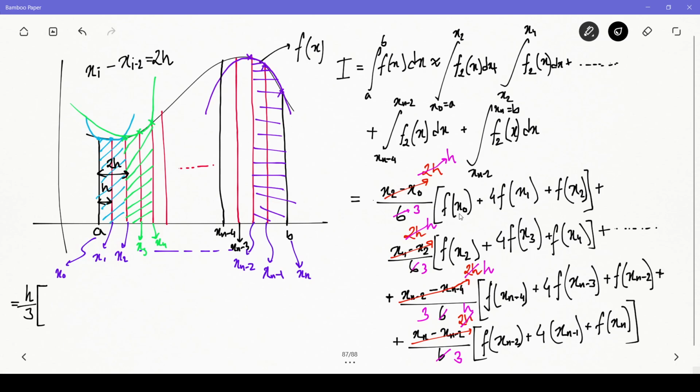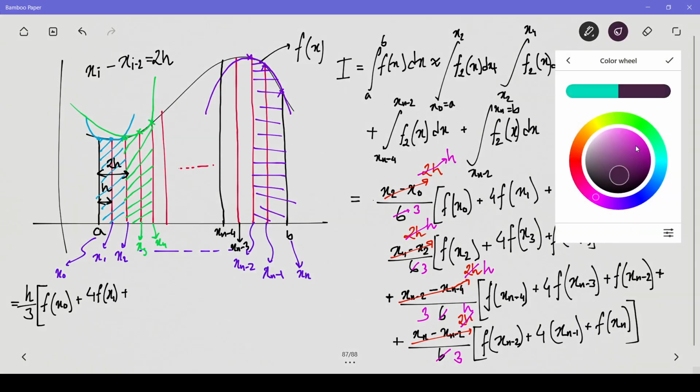So we have the first functional value at first lower limit x naught, we have f of x naught, and then we have 4 times f of x1. Now try to notice this pattern over here.